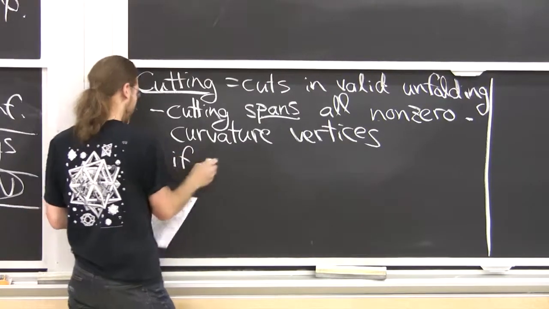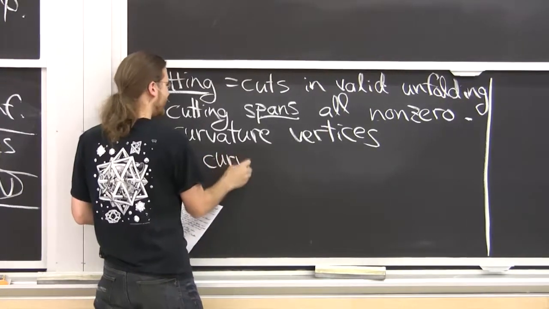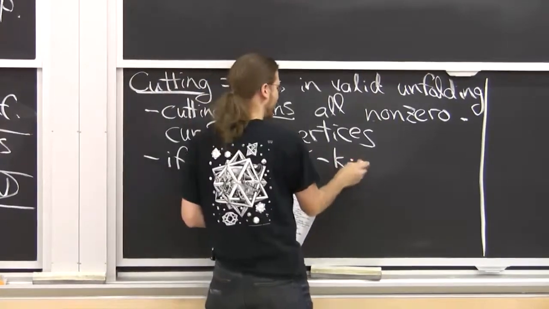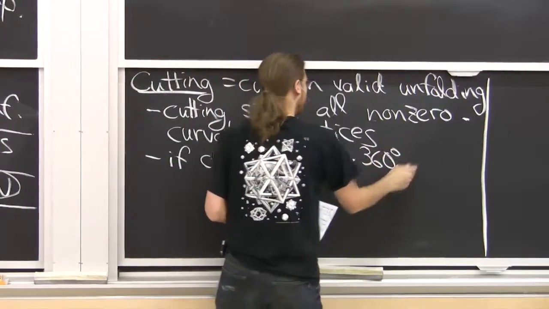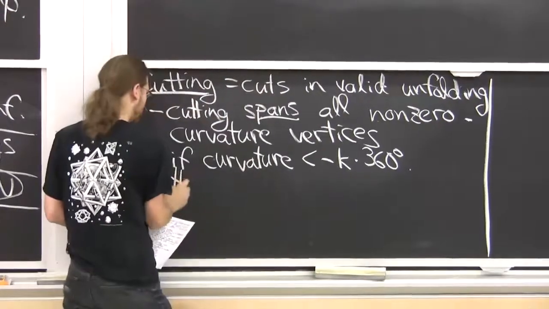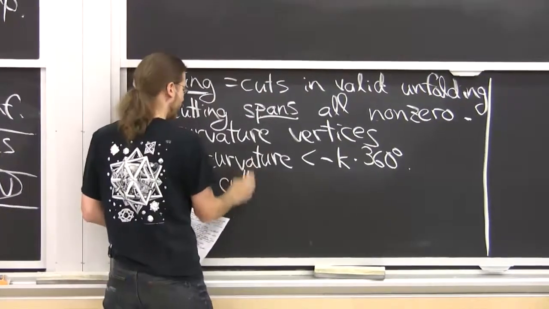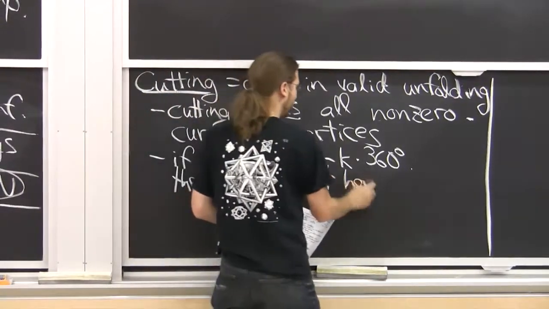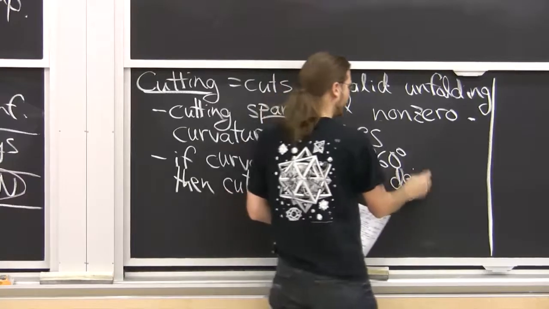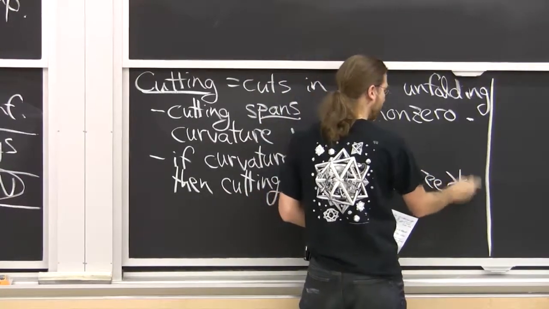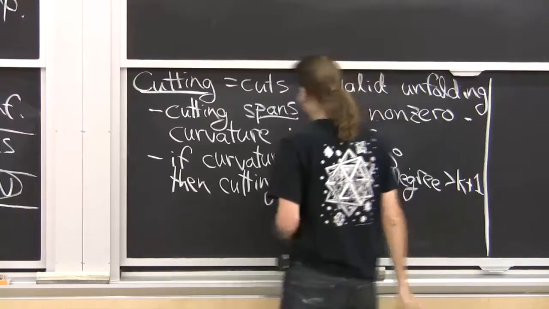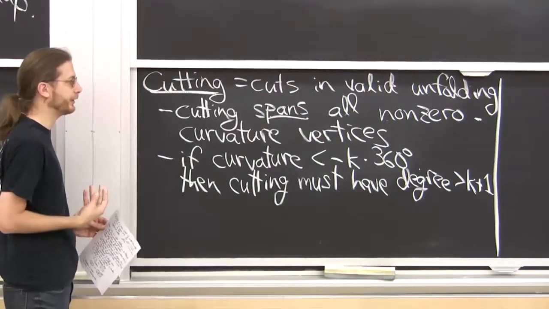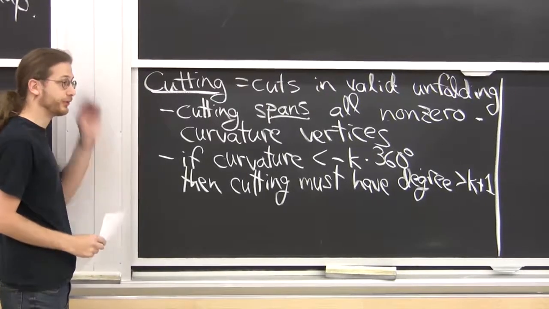You can say even more. If the curvature of a vertex is less than negative k times 360, for some integer k, then the cutting must have degree strictly more than k plus 1. If you have negative curvature, you know you have to have at least 2 cuts at that vertex.